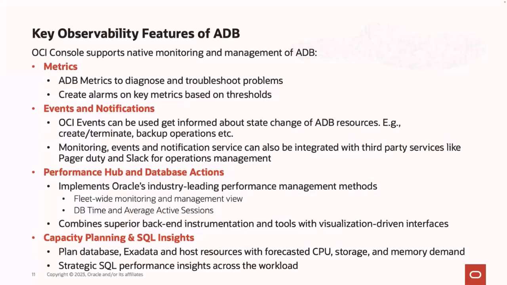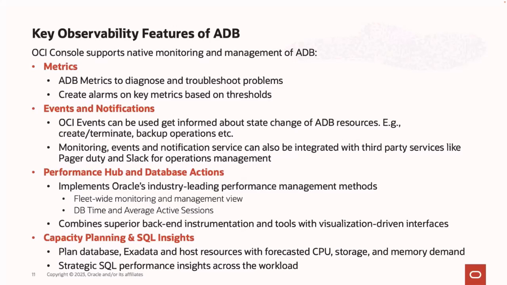You can also create alarms on key metrics based on certain thresholds, and those are adjustable. Similarly, you can use OCI Events to understand the state of changes across your Autonomous Databases. For example, if you're creating, terminating, or doing any backup operation on an Autonomous Database, you can use OCI Events and the Notifications service to get informed about that.